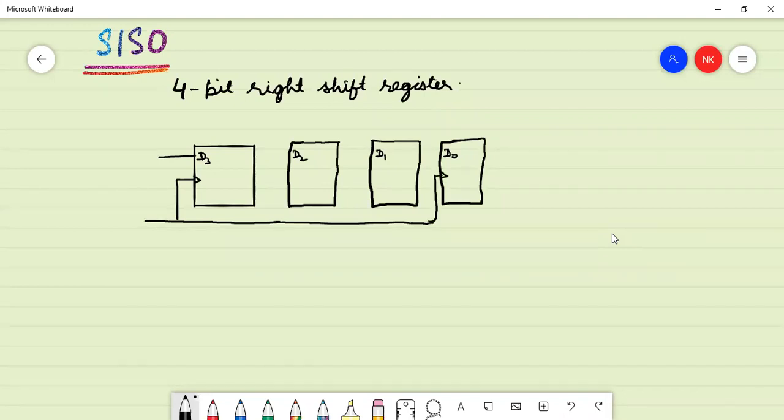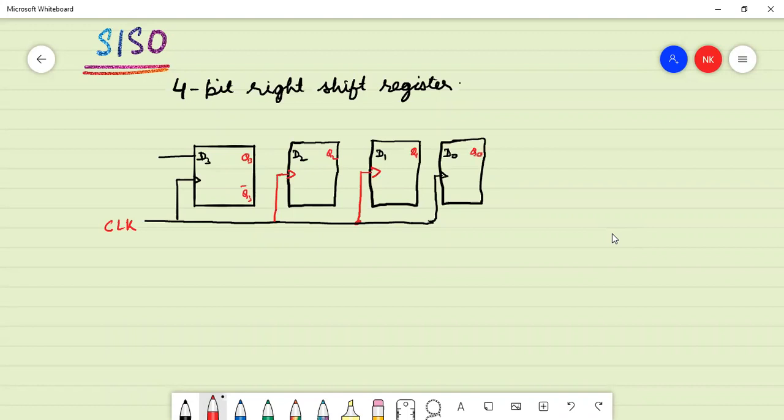I think I should change the color so that it will be more visible to you all. Okay, so we have connected the clock to all the flip-flops, and we have the input as input data. So here we have the Q3 bar, Q2, Q1, and Q0.